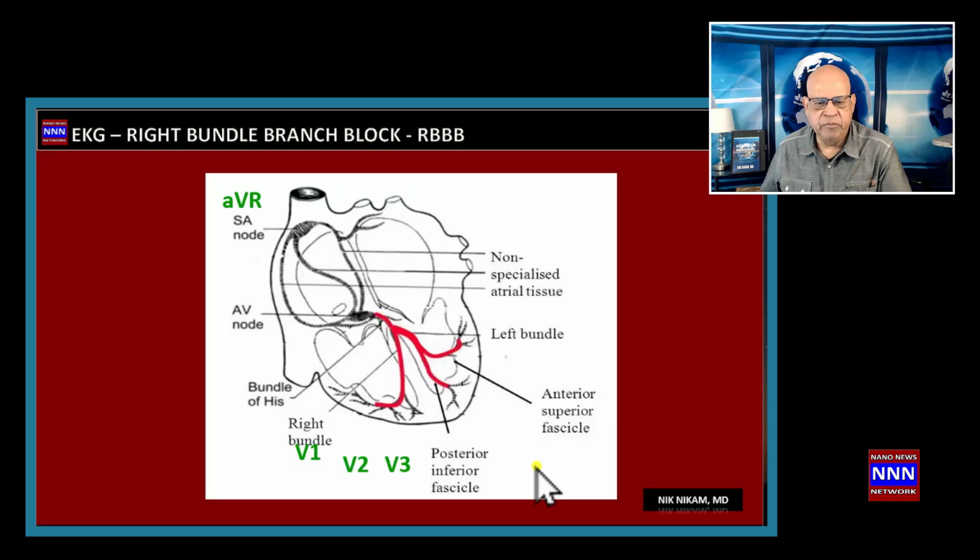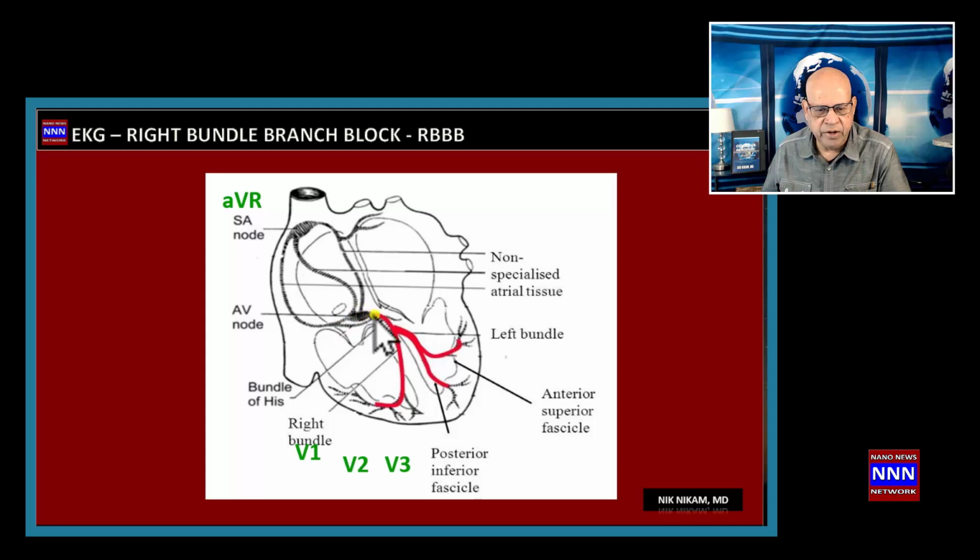So let us jump right into the topic of the right bundle branch block. Before we get into the right bundle branch block EKG findings, a brief summary of the electrical system of the heart. As you can see, we have the sinus node here. Then we have the interatrial connections which connect the sinus node to the AV node.